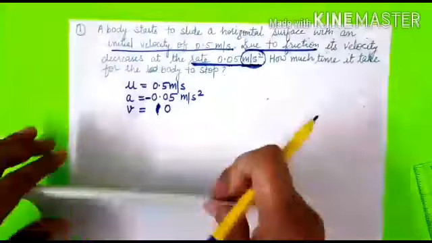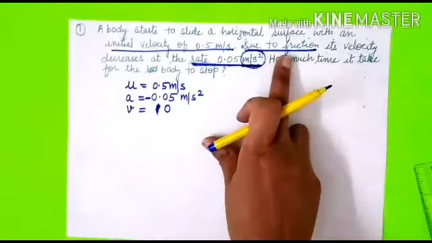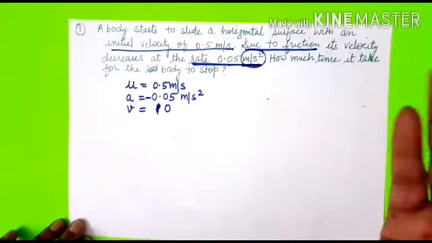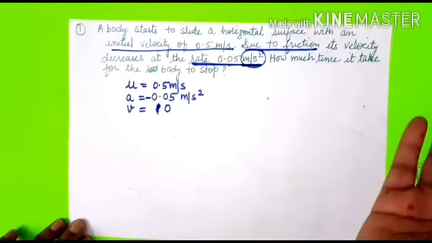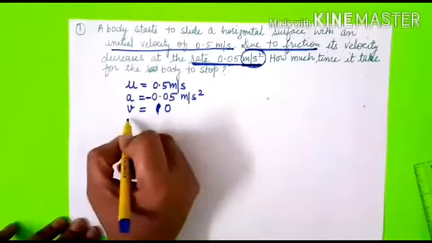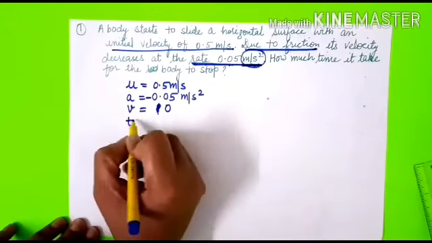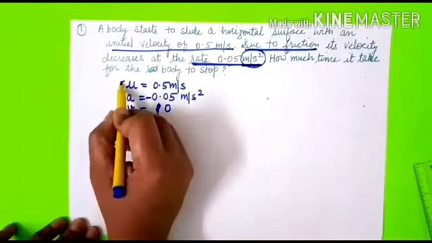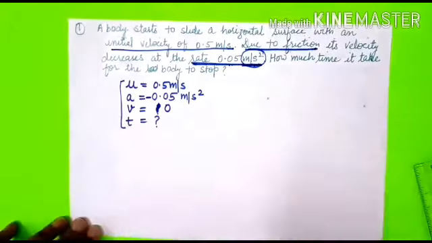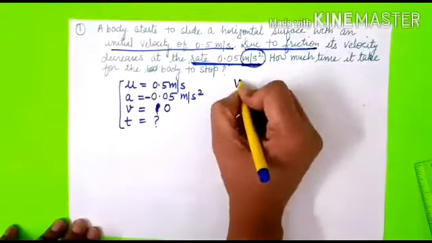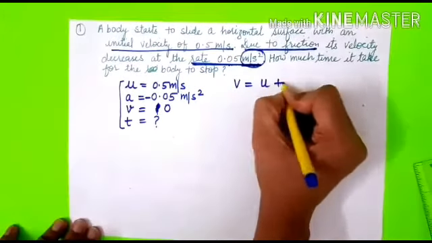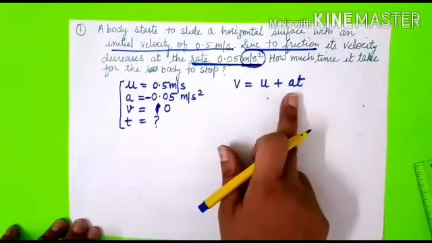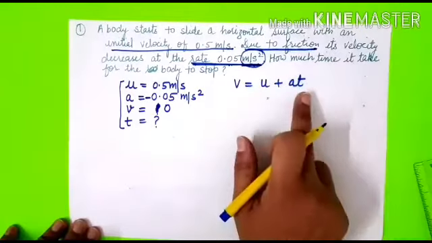In any question, if it is given that the brake is applied, means V is equal to 0. So in this question you have to calculate time. These 4 values, clear? We apply V is equal to U plus AT. All 3 values are given and you have to calculate only one value, that is time.